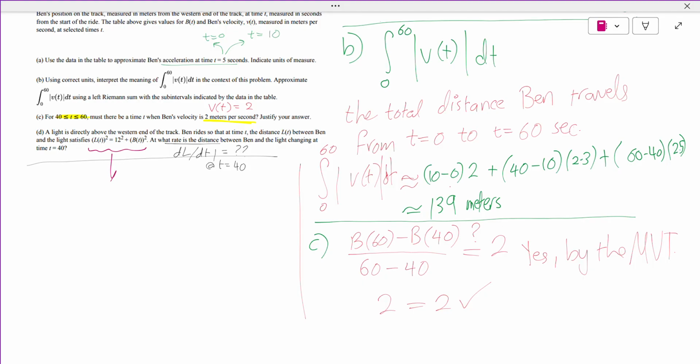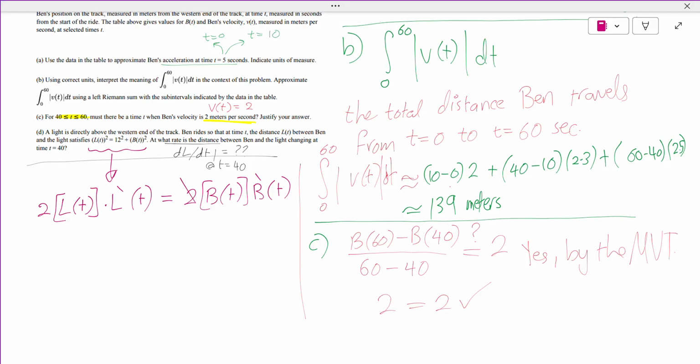So this is going to be what? Let's differentiate. You get 2 L of t times L prime of t, which is the thing we are looking for, equals the derivative of 12 squared, which is 0, plus 2 B of t times B prime of t.